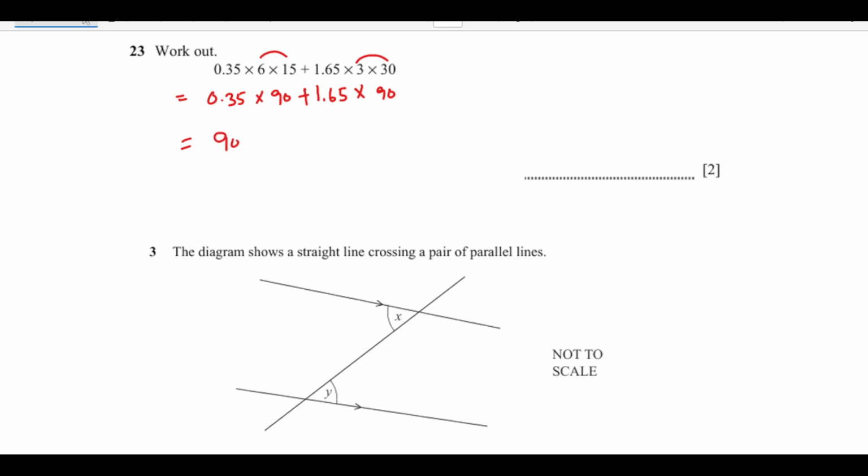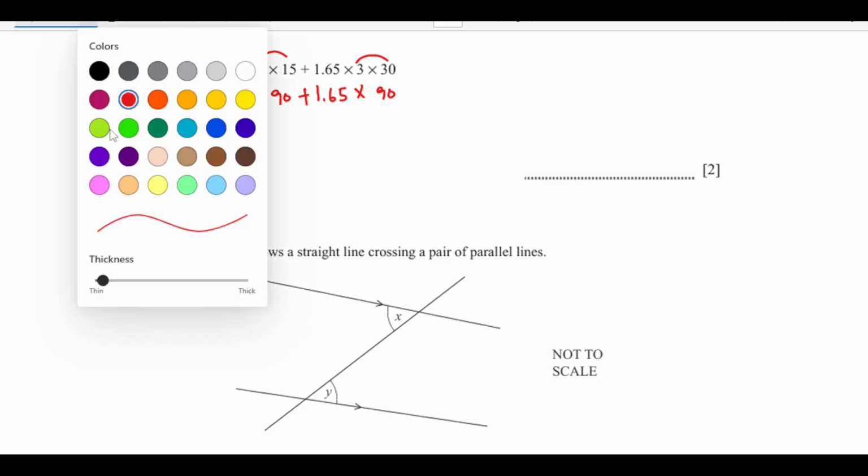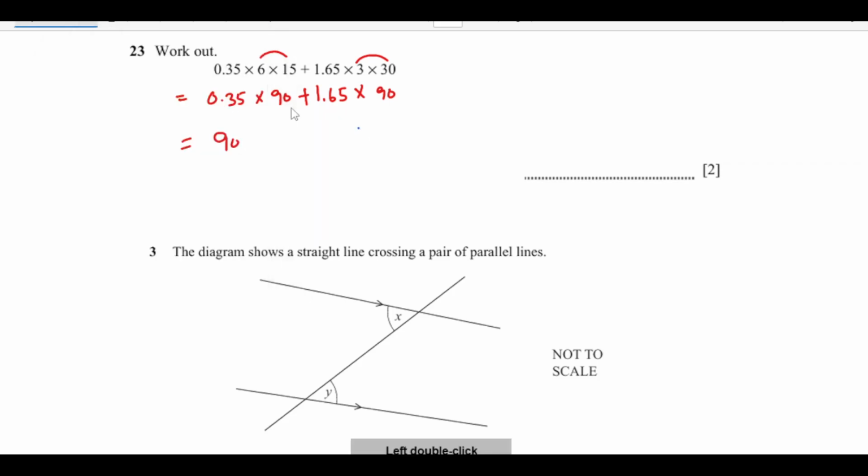If you see here, 90 is common. I have taken 90 out. So inside I will have 0.35 plus I will have here 1.65, right?